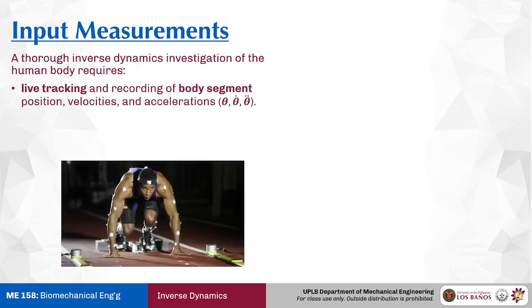First, live tracking of body segments, not just plain live tracking but very high quality, high resolution, and high sampling rate tracking, so you can track the position, velocities, and accelerations of each part of your body.